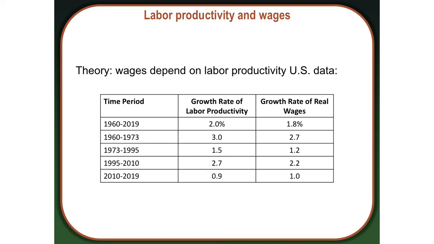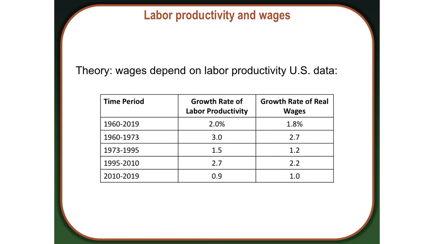So what we can say is that between 1960 and 2019, on average, productivity grew at 2% per year. During that same time period, real wages grew at 1.8% per year. So it doesn't match up perfectly, but there's a high degree of correlation. While this theory doesn't tell the whole story, it certainly does a pretty good job of explaining the basic relationship.